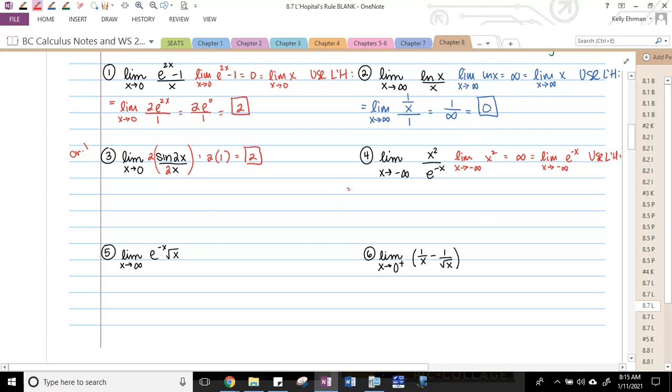So using L'Hopital's, I would get the limit as x approaches negative infinity of the derivative of x squared, which is 2x, over the derivative of e to the negative x, which is negative e to the negative x. Oh, and the reason I'm not simplifying that: why didn't I just bring this e to the negative x up here and make it x squared e to the x?